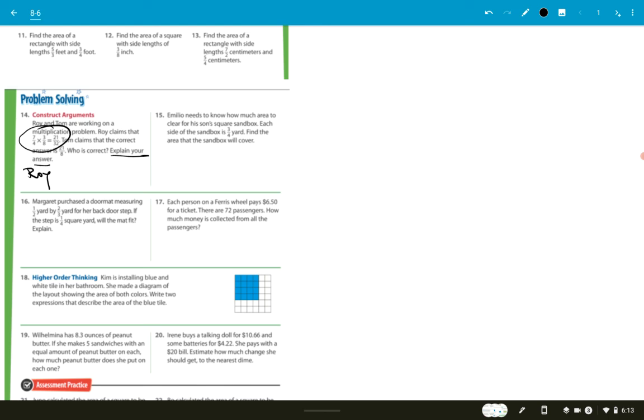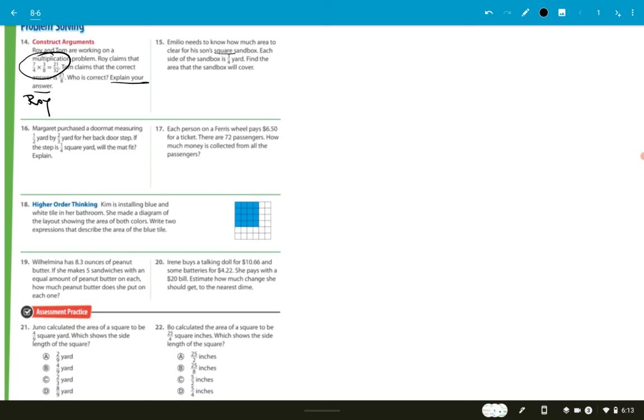Emilio, I'm looking at number 15, needs to know how much area to clear for his son's square sandbox. Okay, there's the clue. Square, so they're only giving you one length, 3/4 of a yard. You can figure that one out. 16, Margaret purchased a doormat measuring a half yard by 2/3 yard for a back step. Okay, so if the step is 1/4 yard square, will the mat fit?